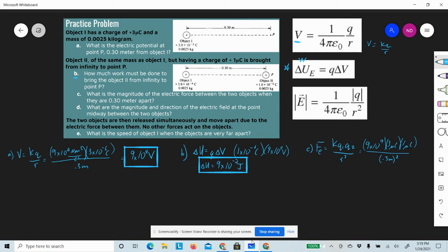That number doesn't make sense. 9 E 9 times 3 E negative 6 equals that. Times 1 E negative 6 equals that. There we go. Forgot a positive. Be careful with your calculators there, but good to recognize problems. That divided by 0.3 squared gives us 0.3 newtons.